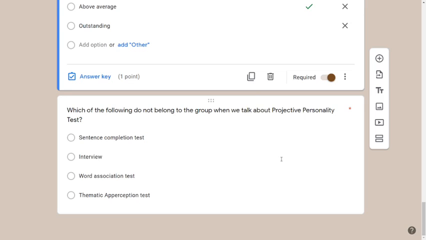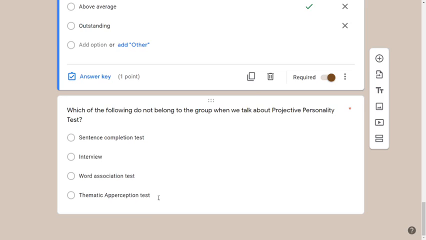So among the following options, which test do you think does not belong to the projective personality test? Let's start first with thematic apperception test. It's really difficult, right? Maybe we're not even familiar with this.